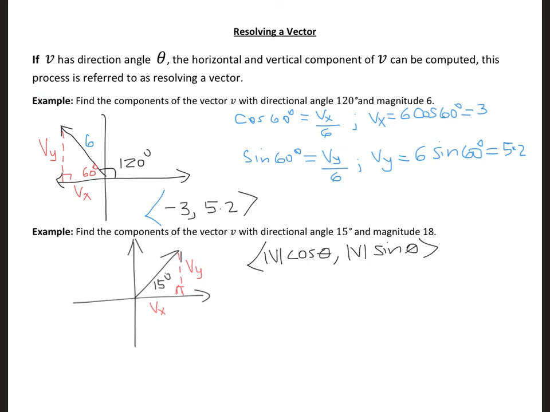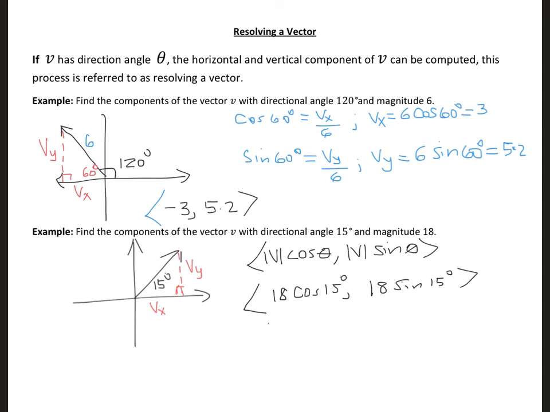I just have to know in which quadrant the components are so that I know when to make them positive and when to make them negative. So to get the components, I know the magnitude is 18. So 18 cosine of 15, and the next one is going to be 18 sine of 15 degrees.